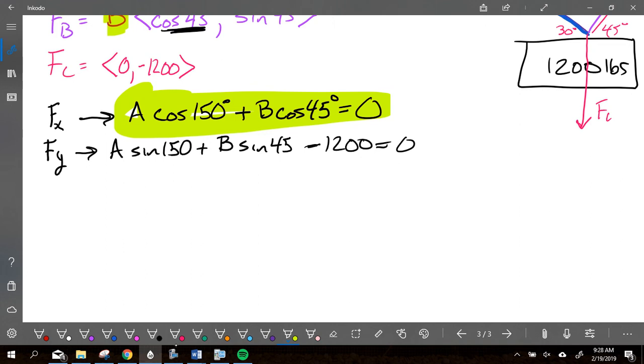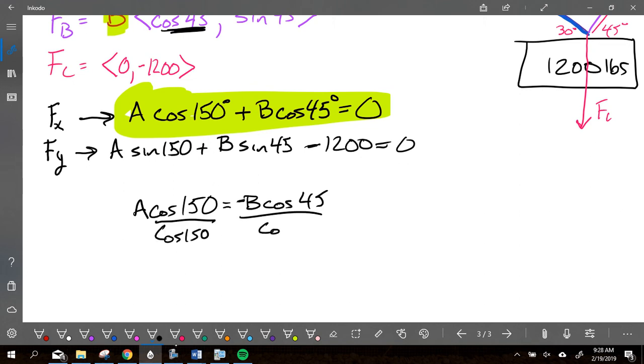If I'm taking this top equation, let's solve for a letter. For example, A cosine of 150 is going to be equal to negative B cosine of 45, because I subtracted it over. Then I'm going to divide by cosine of 150.